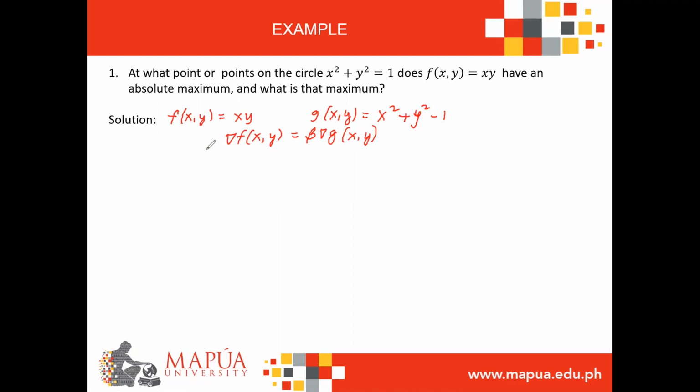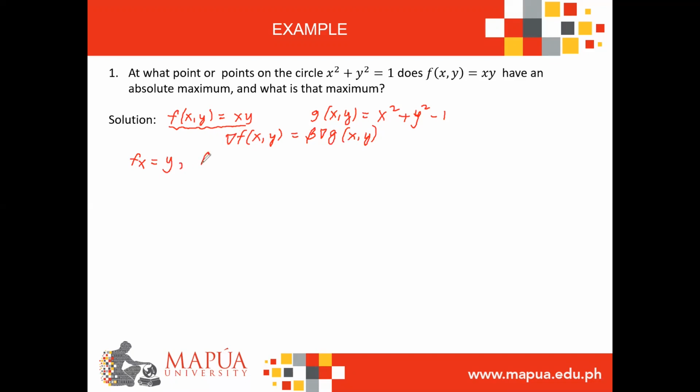So let's find first the gradient of f evaluated at xy. Let's take the partial derivative of the given function with respect to x and with respect to y to make up our gradient f of xy. With respect to x, for xy, copy the constant y, then the derivative of x is 1.